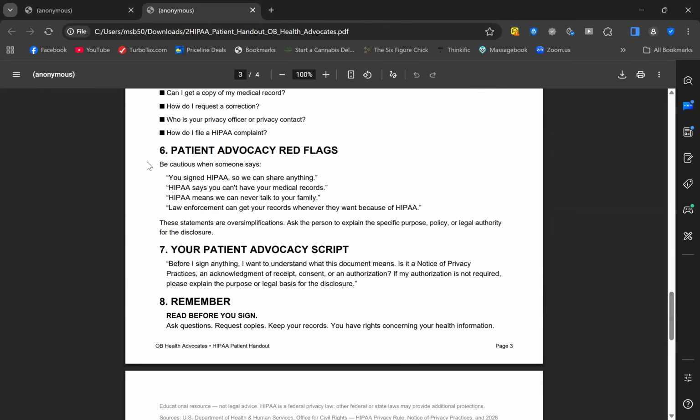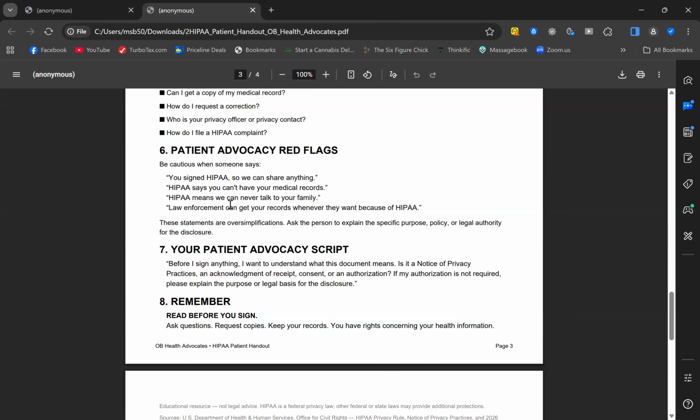Red flags. So, let me say this. Advocate for yourself. Patient advocacy, red flags. You signed HIPAA, so can we share anything? HIPAA says you can't have your medical records.